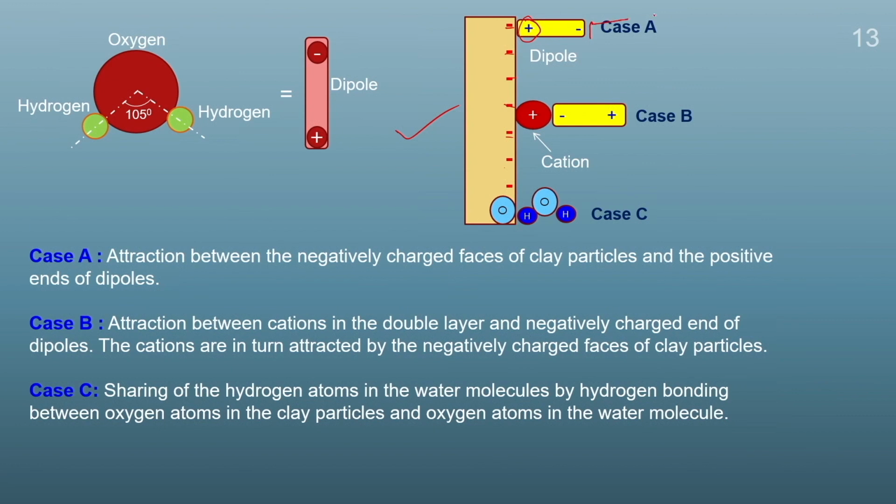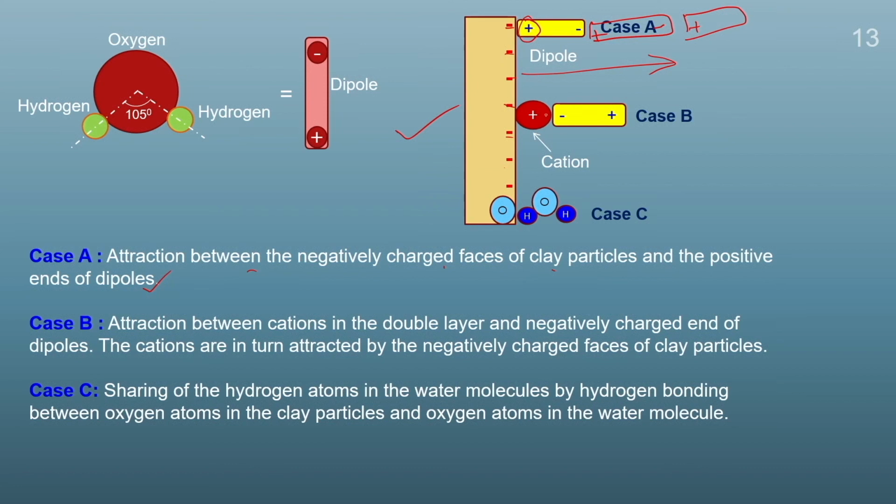This water molecule will then attach to another water molecule, and it will keep on like this. However, the forces of attraction will keep decreasing as you move away from the clay plates. So case 1 is the attraction between the negatively charged face of clay particles and the positive end of the dipoles of the water molecule.